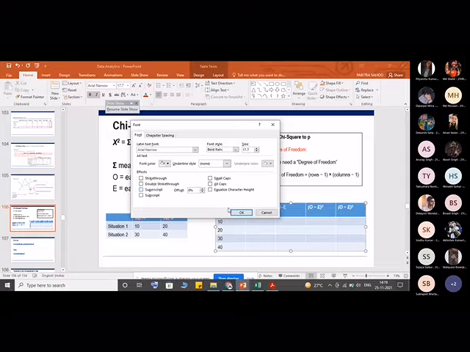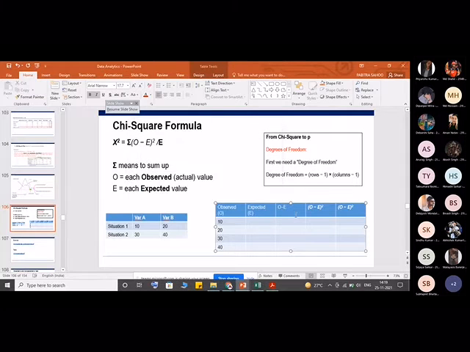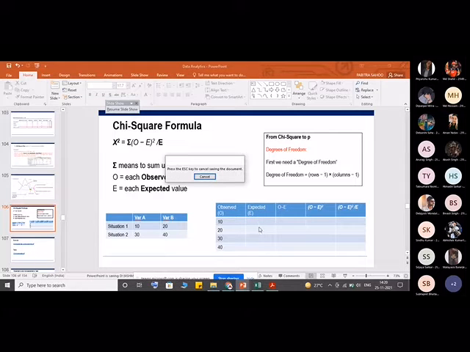Just a minute. So we got the expected value from that formula.